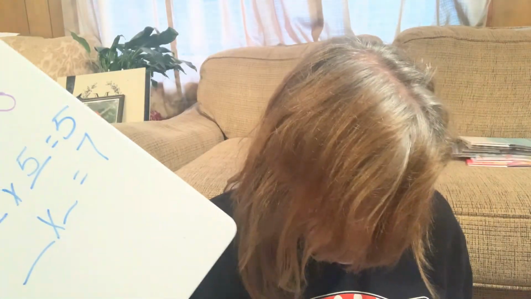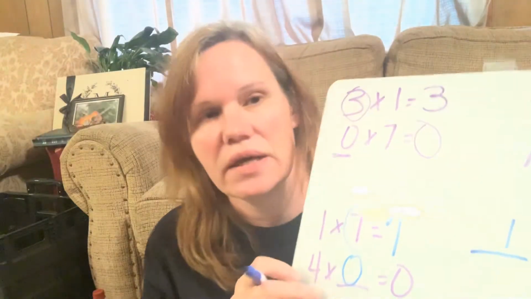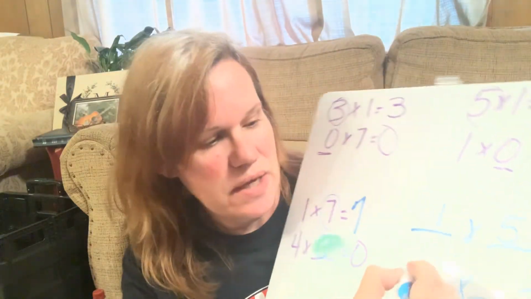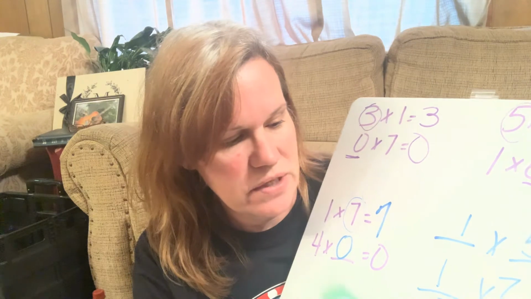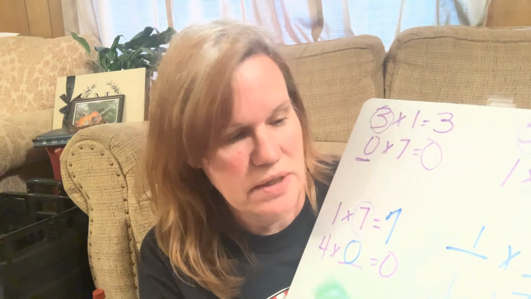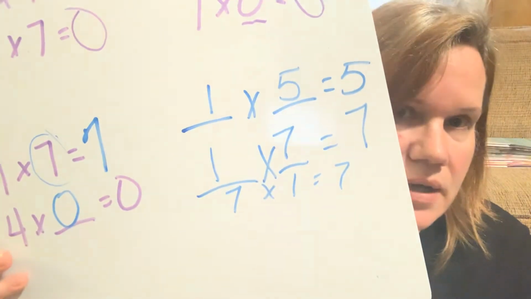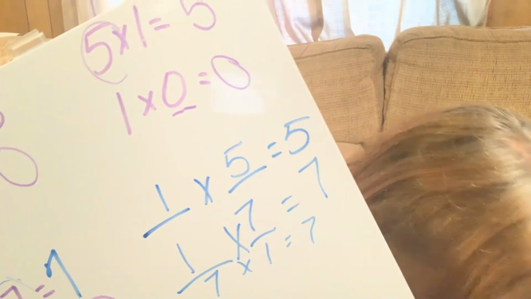All right, so let's do the next one together. What times what equals 7? What could we say? We could say 1 times 7, or we could say 7 times 1 equals 7. Either way that you got it would be okay. All right, now I'm going to let you do the next one on your own.